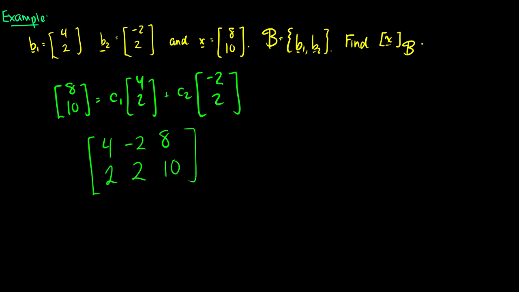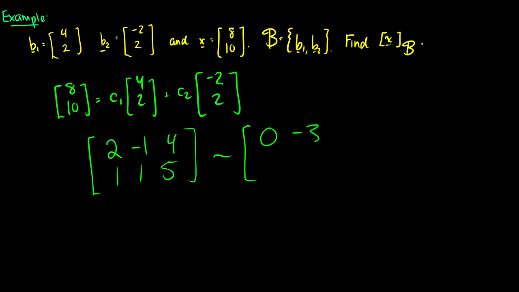What we're going to do is divide everything by 2 right away, because that will make things much simpler. So this will be 2, negative 1, 4, and this will be 1, 1, 5. Okay, first thing we'll do is take the first row and subtract 2 of the second row from it. So 2 minus 2 is 0, negative 1 minus 2 is negative 3, 4 minus 10 is negative 6, and we're left with 1, 1, 5.